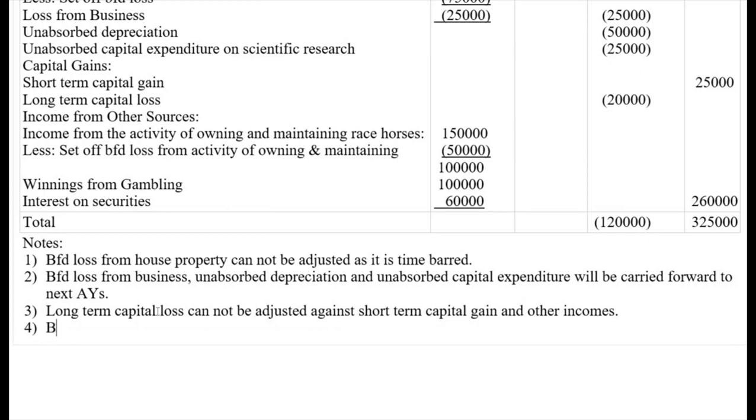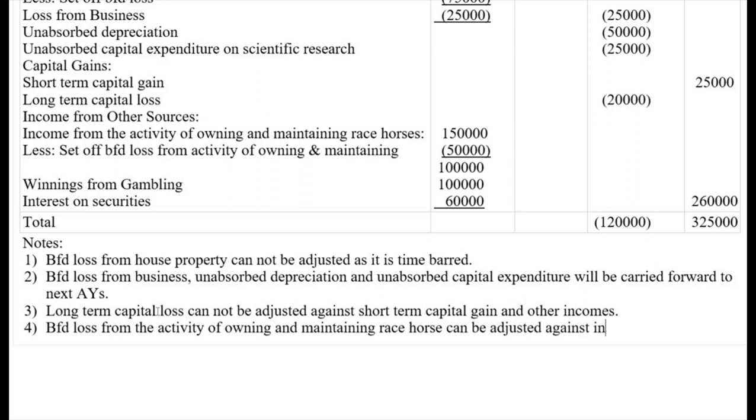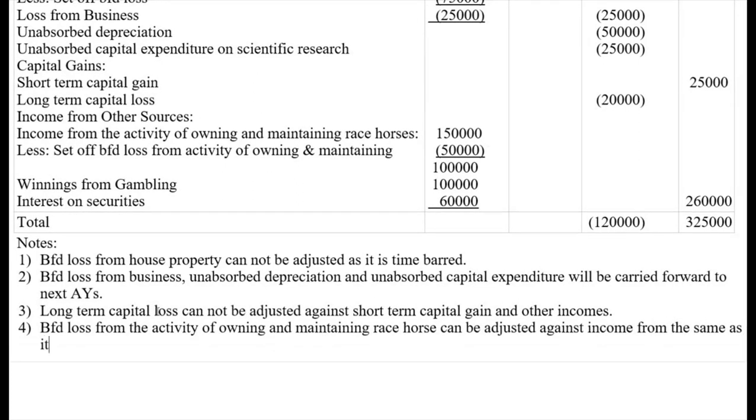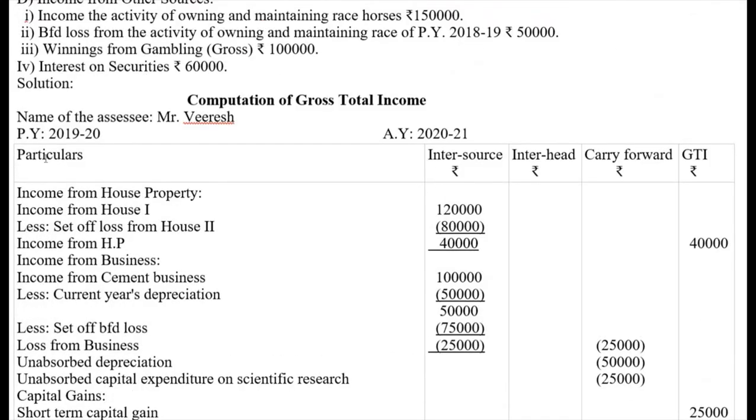Then brought forward loss from the activity of owning and maintaining race horses can be adjusted against income from the same as it is within the time limits. So these are the notes which we are required to provide here.